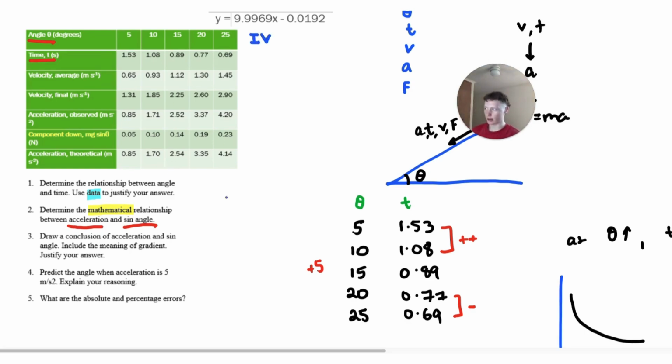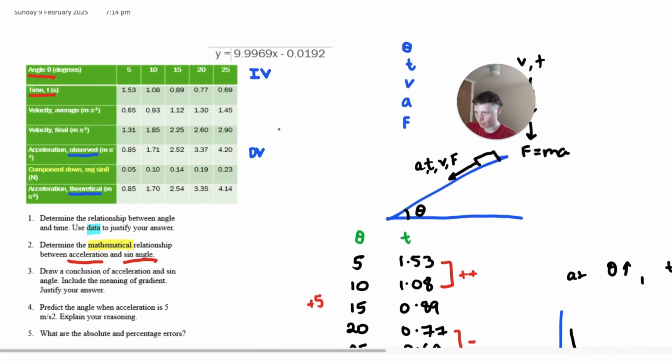It's maybe difficult to know what the dependent variable is here. It's acceleration. What gives that away is that you've got theoretical and observed. You're not going to have theoretical values unless you've got something to compare them with. So I'm going to suggest that sine of the angle is our independent variable and acceleration is our dependent variable.